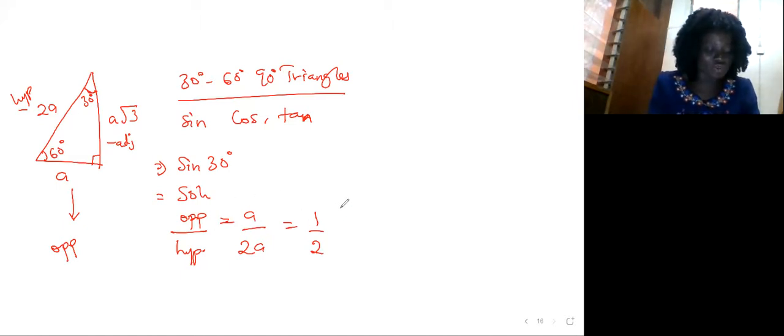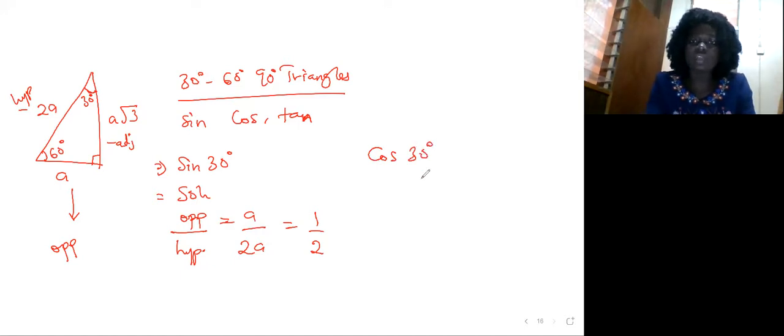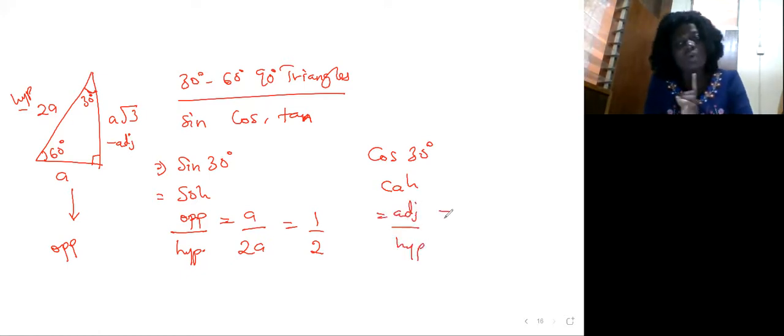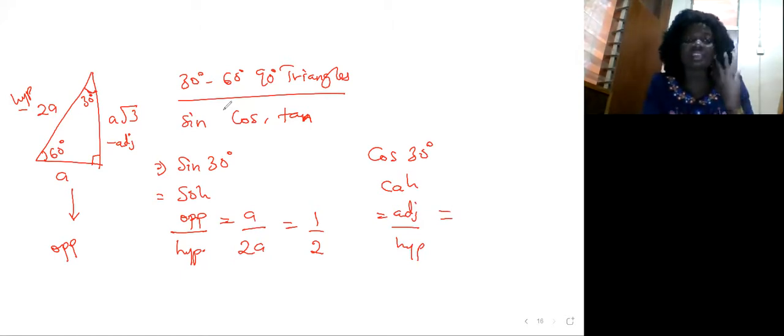Then we come to cos 30 degrees. How do you do that? Cos 30, good. That is adjacent over the hypotenuse. And you now go back to the diagram. Where is the adjacent? It is still 30 degrees. Good, here's the 30.